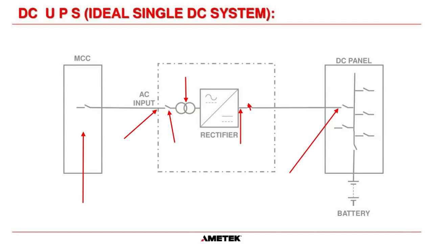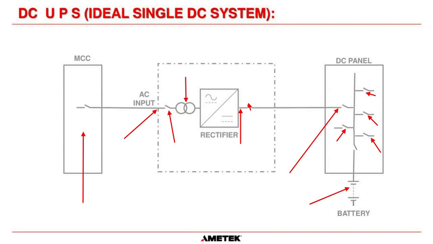And that's between the input to the charger and the actual DC bus inside the DC panel itself. And a good design will have the battery connected through another breaker onto the DC bus, because that will give you two isolation points, and we'll explain why that's important later on. And then these other breakers here are just the breakers that can go to your load circuits.